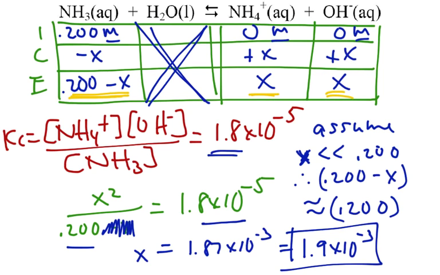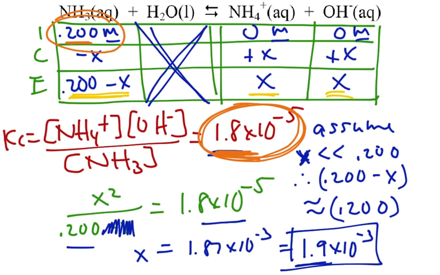If we went back and used the quadratic, we find we get 1.88 or 1.89 times 10 to the minus 3. So to 2 significant figures, we still get the same answer. So when I have a situation where our K compared to the 0.2 is like 10 to the third times smaller, this is 2 times 10 to the minus 1, and this is 2 times 10 to the minus 5, so that's 10 to the fourth power smaller.